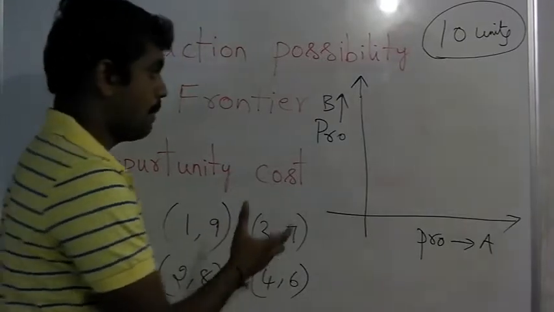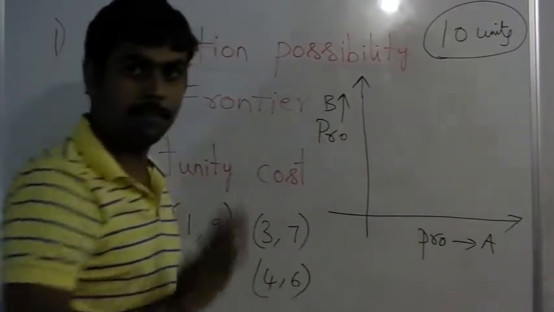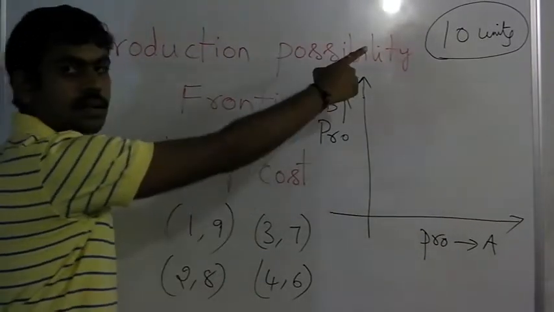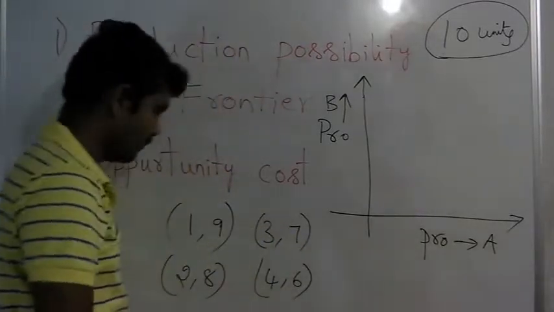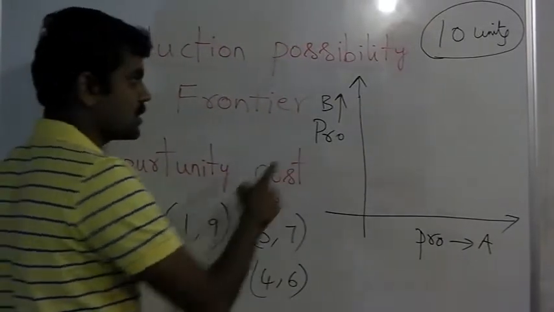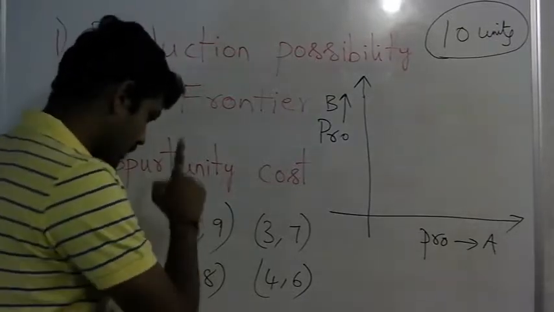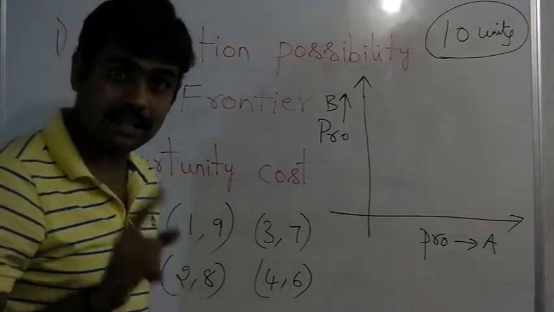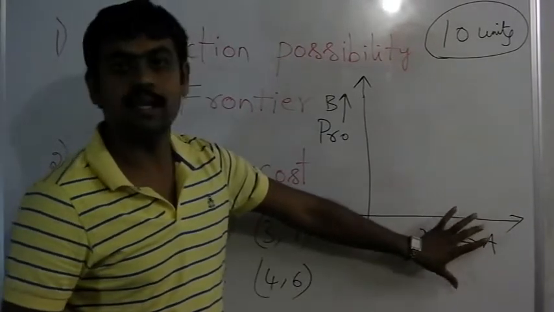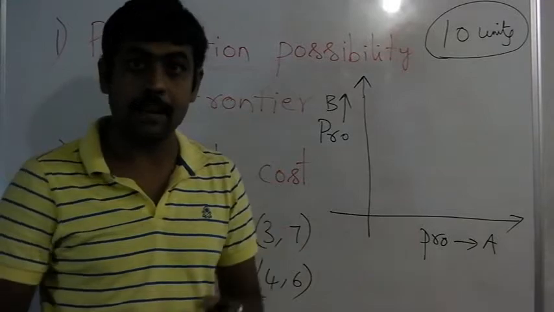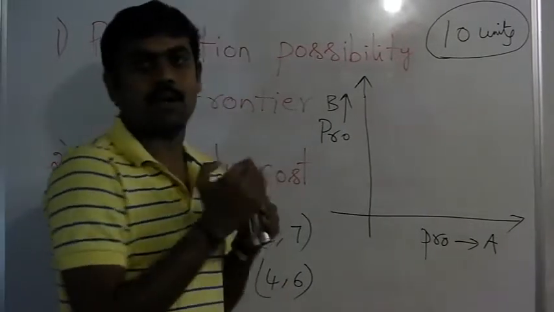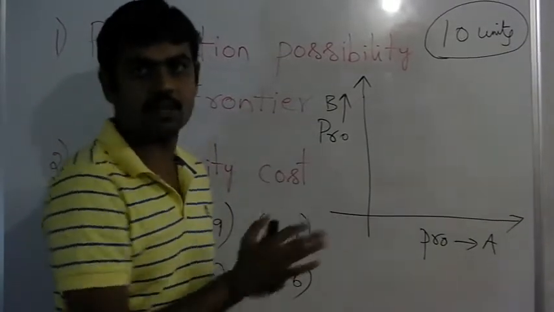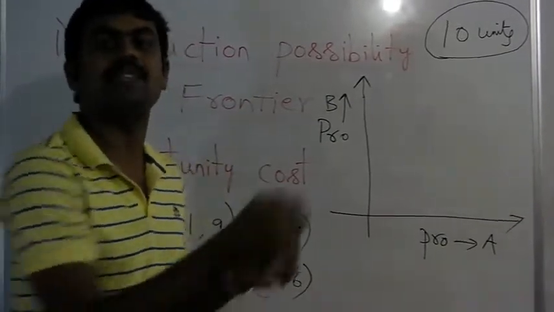Remember that these possibilities should result in the production of A and B completely. That means I am using 1 unit of allocated resources for A, 9 units for the production of B. This 1 unit of allocated resource should result in the production of A completely, in the sense the A product should be totally produced, not half of A or 75% of the service completed.